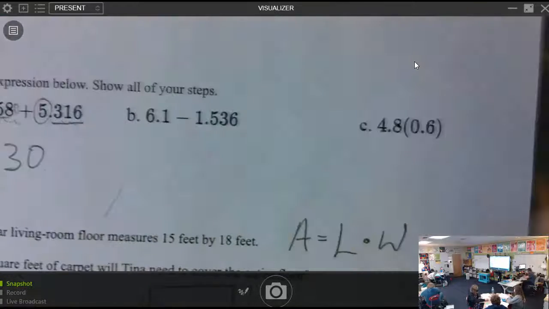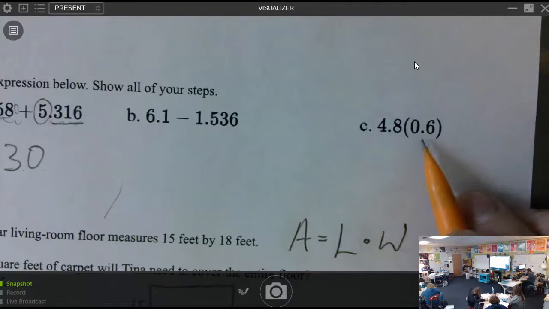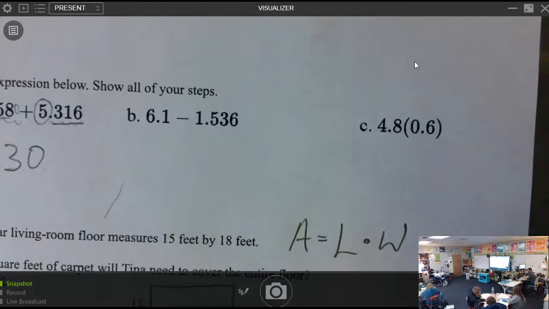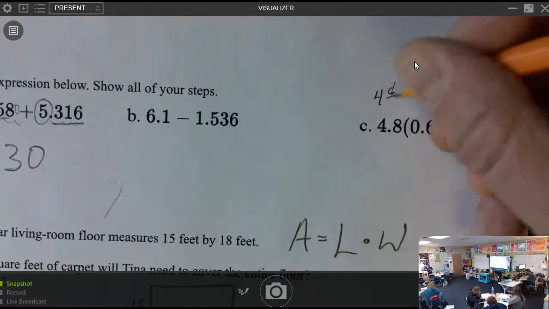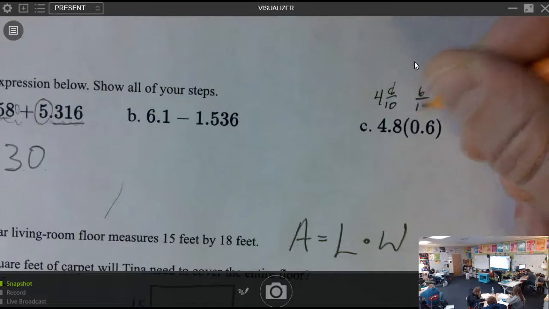All right. So 4.8 times 0.6. I don't like working with decimals, which is different than I would have ever said when I was a kid. I thought decimals were better, but it's because no one taught me how to do this stuff easier. This is really 4 8/10, and this is really 6/10.